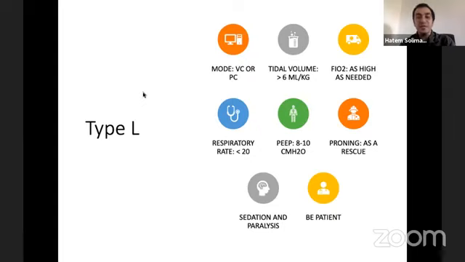And then we attempt to extubate them. And we suddenly see these patients deteriorate if they are extubated early on, which is one of the challenging problems that can transform the patient from type L to type H when they are re-intubated, and then the mortality rates get very high.